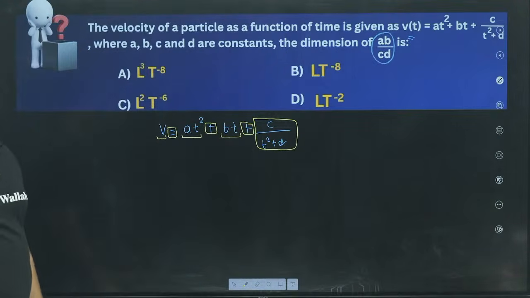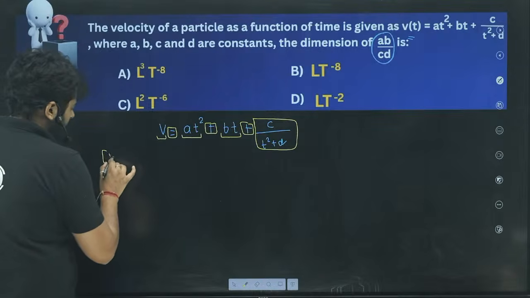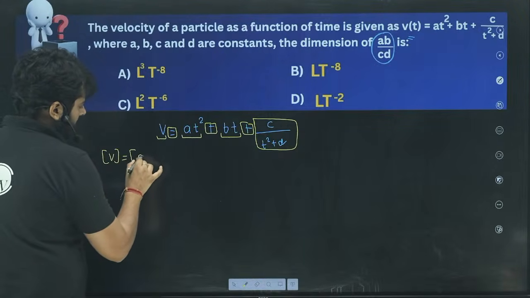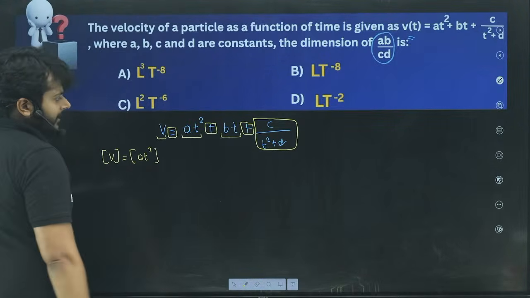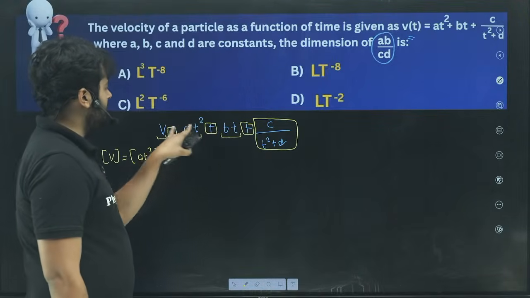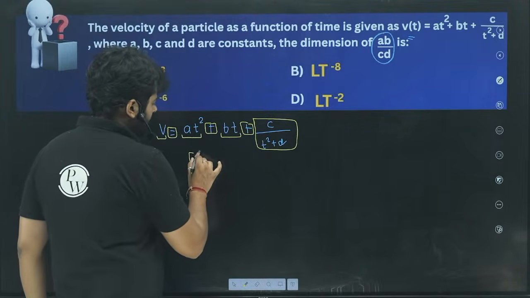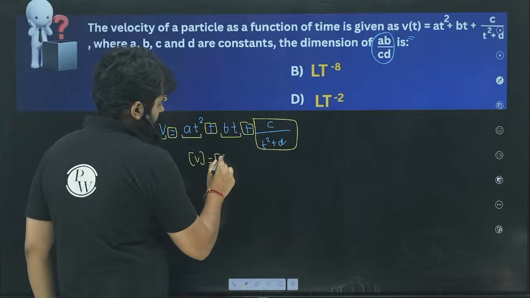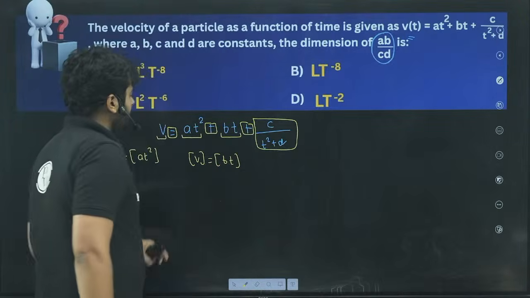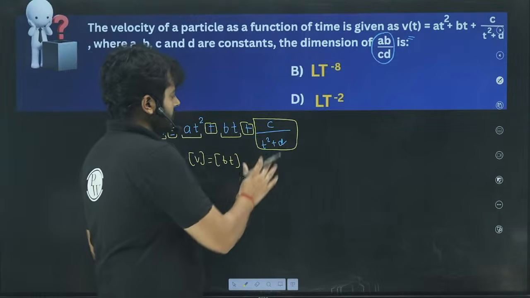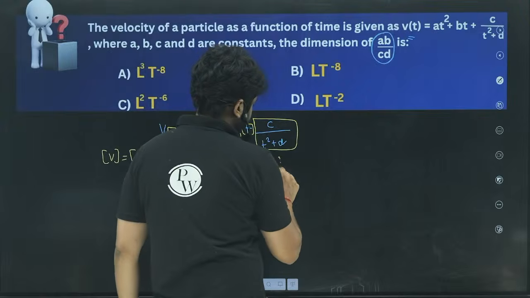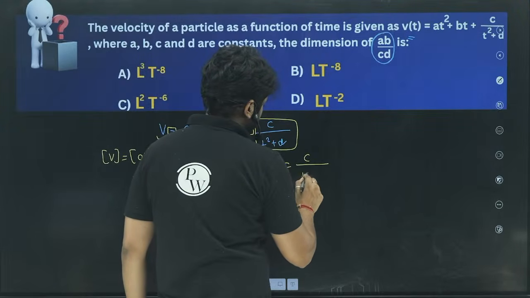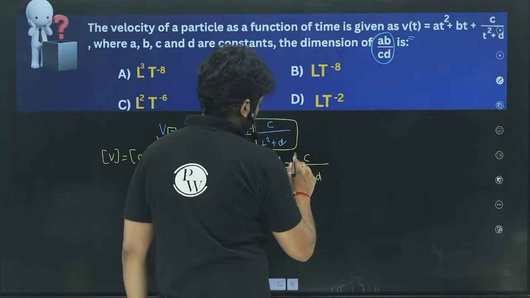So dimension of V and dimension of AT square is same. Dimension of V is also same as dimension of BT. Dimension of V is also same as this whole thing, C upon T square plus D.